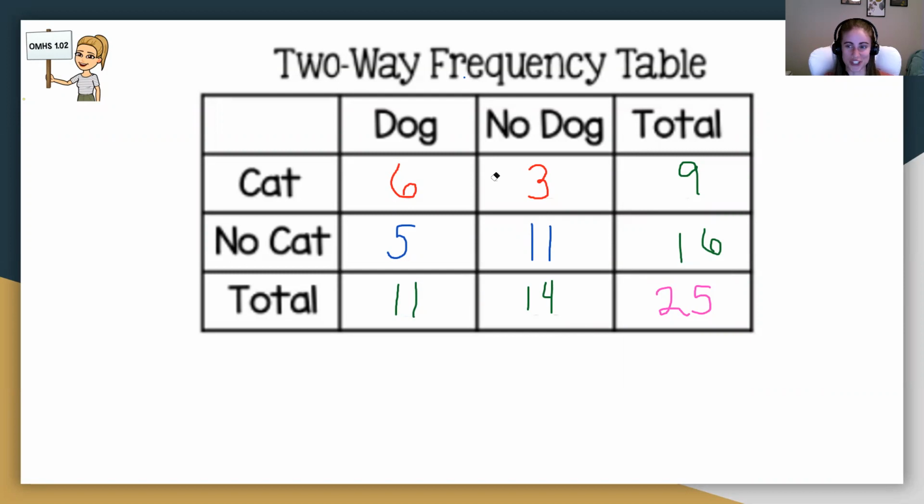I'm going to do 2 questions. So second question, how many people own both a cat and a dog? All right. So now let's go ahead and head back to our Nearpod lesson and keep up the good work, guys.